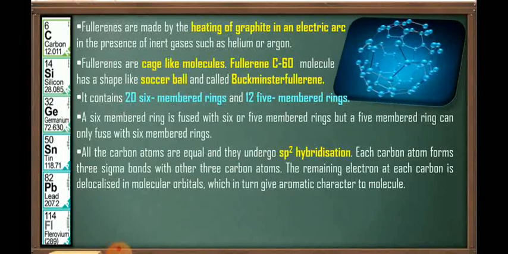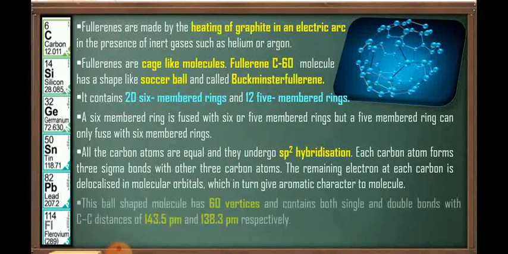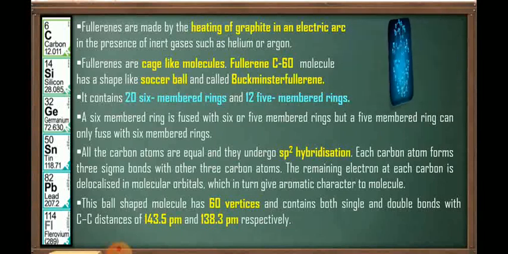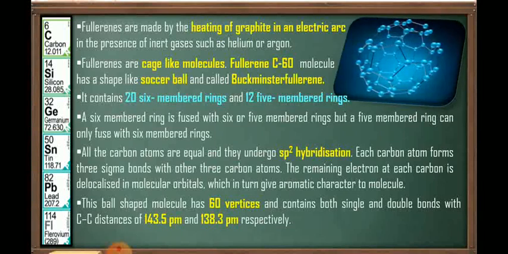Again in Fullerene, each carbon atom undergoes sp2 hybridization, and each carbon forms 3 sigma bonds with 3 neighboring carbon atoms. The remaining 4th electron on each carbon atom is delocalized in a molecular orbital, which in turn gives a kind of aromatic character to this molecule. This ball-shaped molecule has 60 vertices, hence the name Fullerene C60.